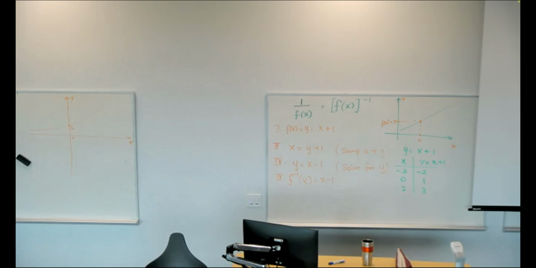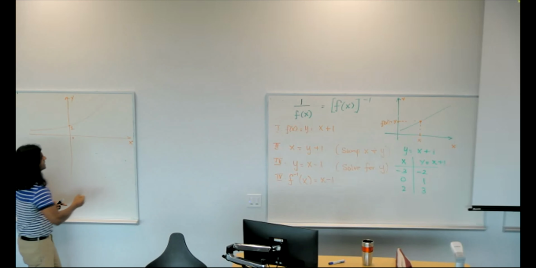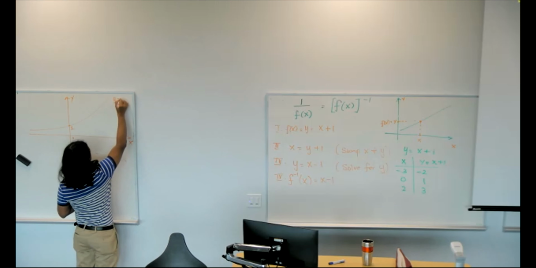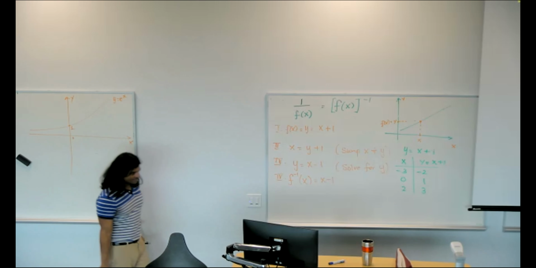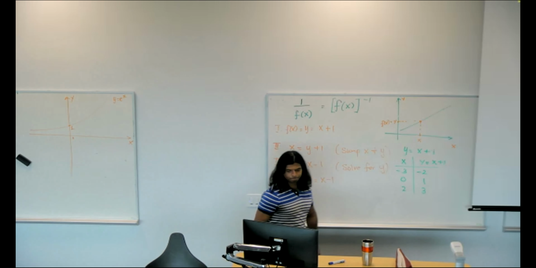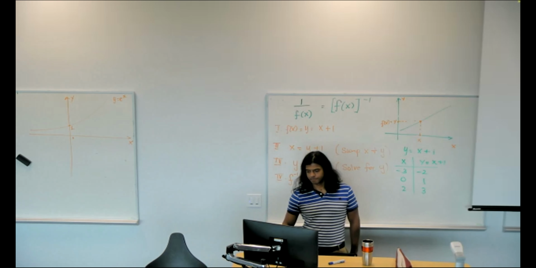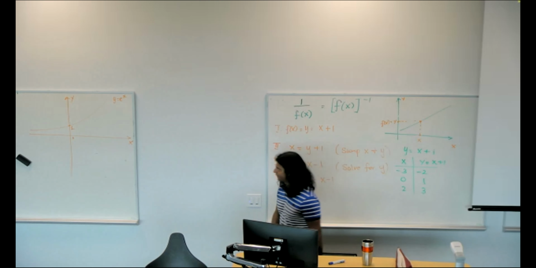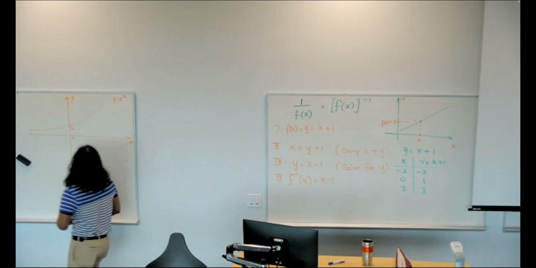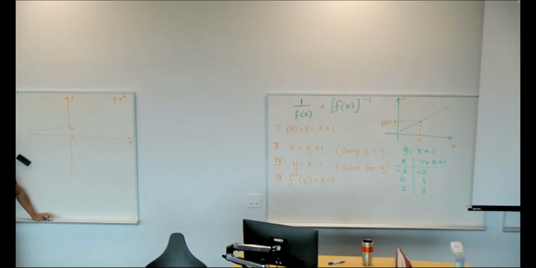We had an exponential function, y equals e raised x. When you plug in 0, what should you get? One. So in the inverse function, when you plug in 1, what should you get?